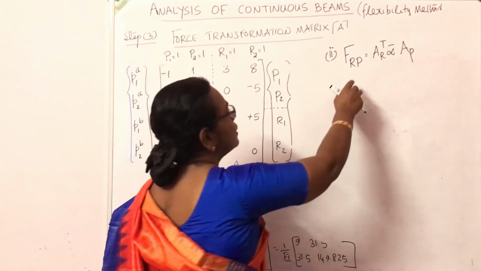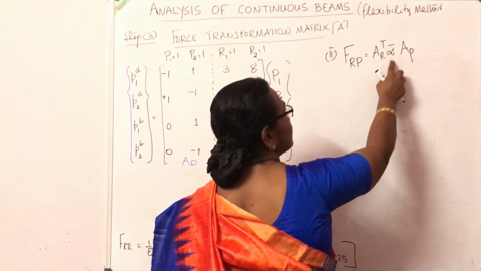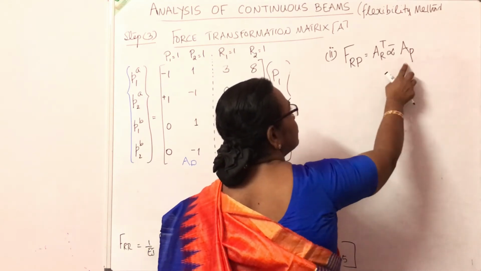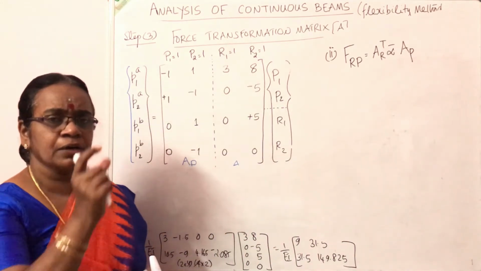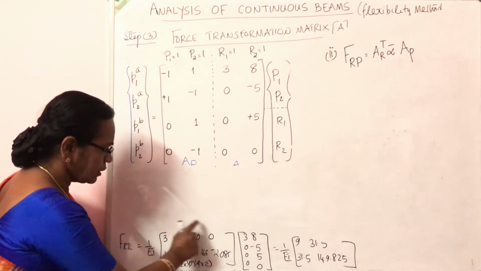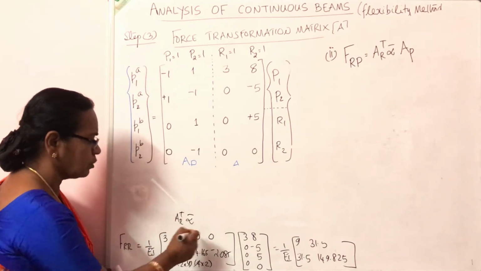So here just put the term. First term is R, so you put AR transpose alpha bar. The second term is P, so AP. AR transpose alpha bar into AP, where that partial calculation AR transpose alpha bar is already written in the previous step. I have already got it.